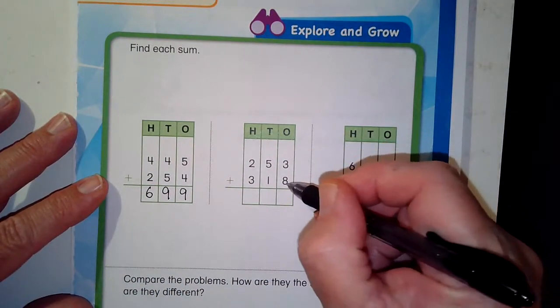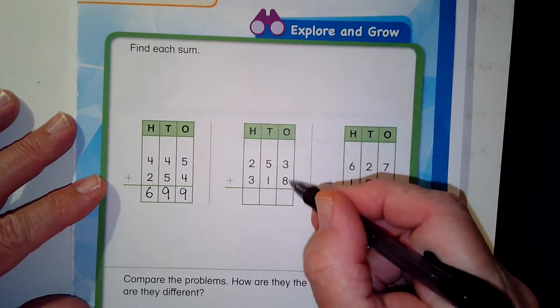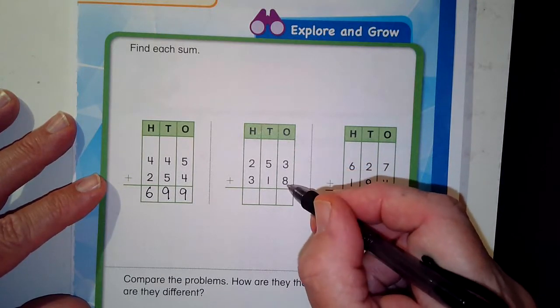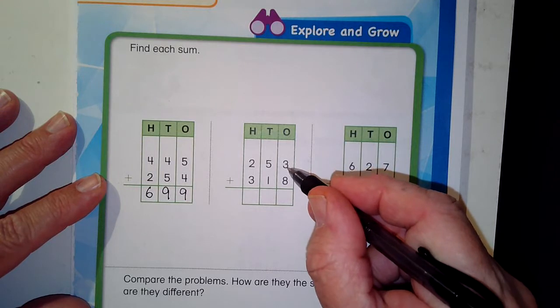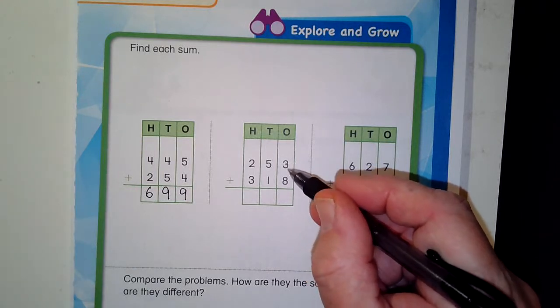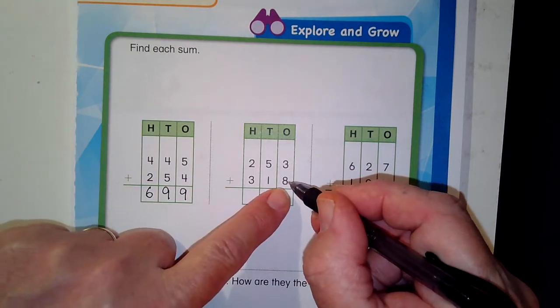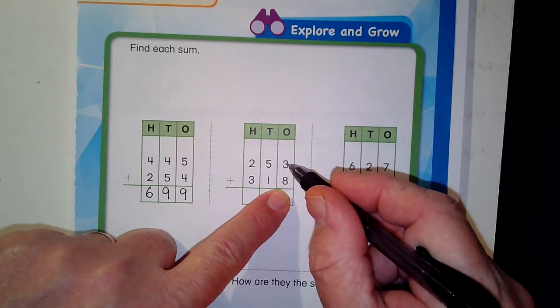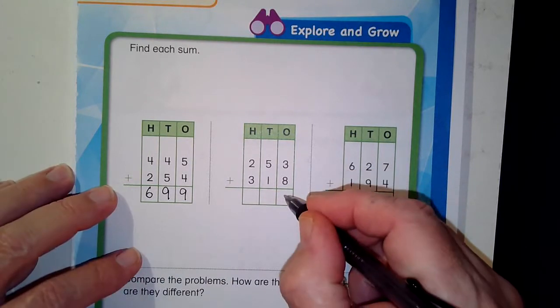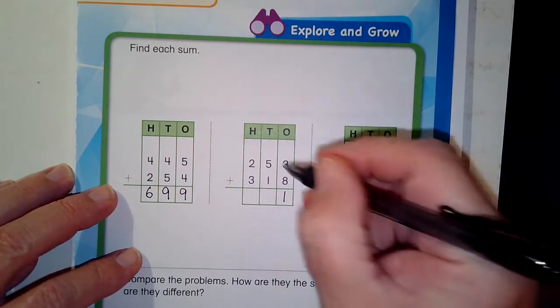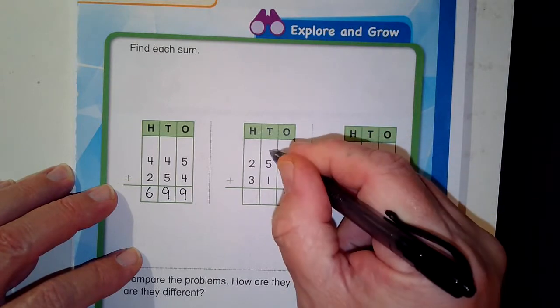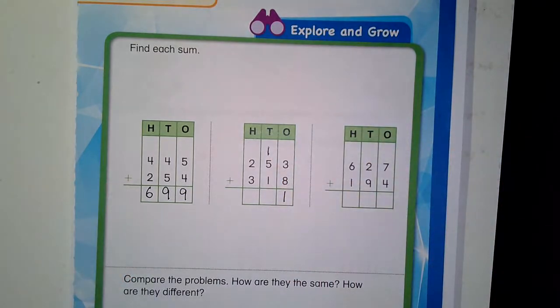Let's go to the next problem. I have 3 plus 8. I know that I only need 2 more to make 10. So I'm going to take 2 of these in my brain, 2 of these with this to make a 10, and that leaves 1. 3 plus 8 is 11. That makes 1 down here in the ones column and 1 set of 10.